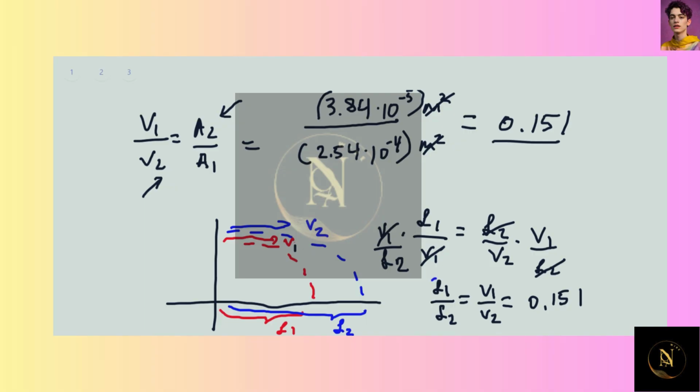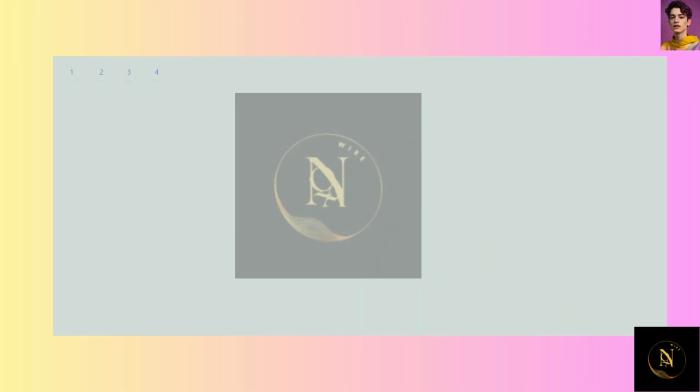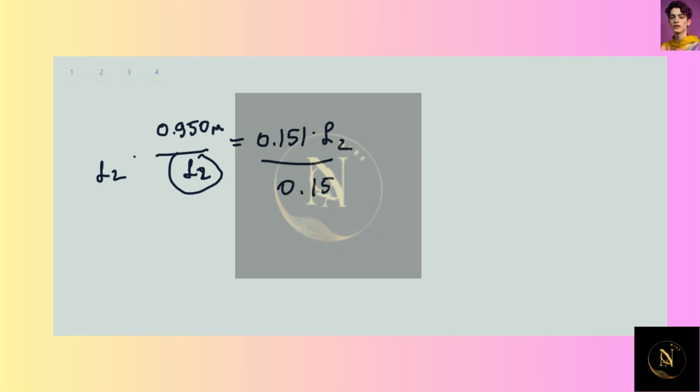And all we have to do now is just plug in for L1, 0.950 meters. So let's go ahead and do that on the next slide. 0.950 meters divided by L2, which is what we're trying to find, is going to equal 0.151. In this situation, what we'll do now is just multiply both sides by L2, and then divide both sides by 0.151.